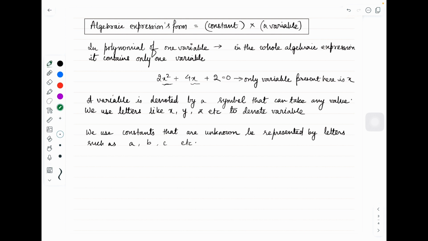Variables are mostly expressed by x, y, z, and constants are written in the form of a, b, c, etc.